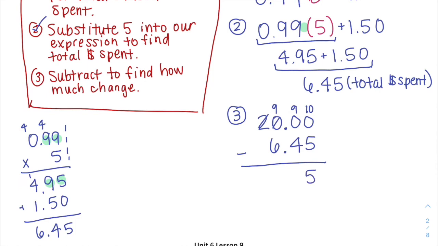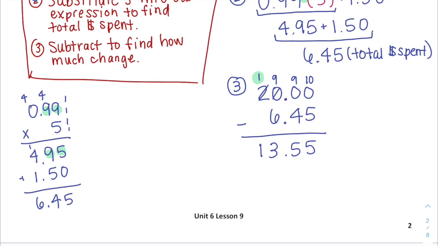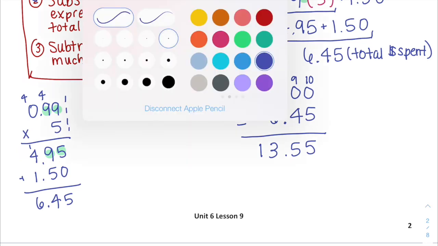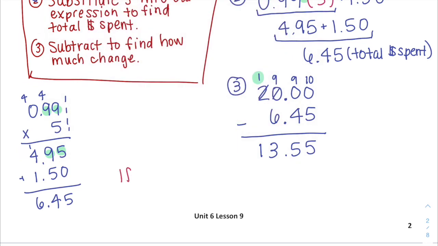So 10 minus 5 is 5. 9 minus 4 is 5. 9 minus 6 is 3, and I did forget to keep my 1 up here after I borrowed. 1 minus 0 is 1. So it looks like Nancy will have $13.55 in change. So let's go ahead and write an answer statement for that. I'm going to change the color here since we got a lot of blue.